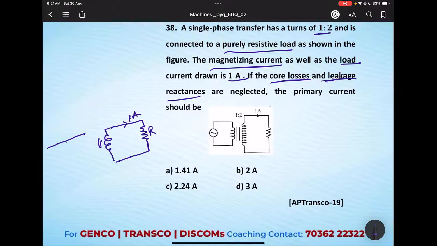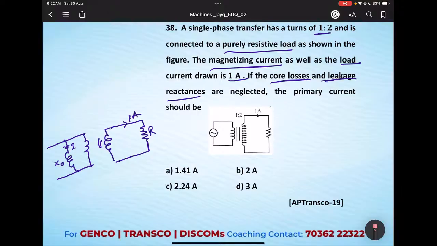All leakage reactances and core losses are neglected, so only the shunt parameter will be there, that is X0.